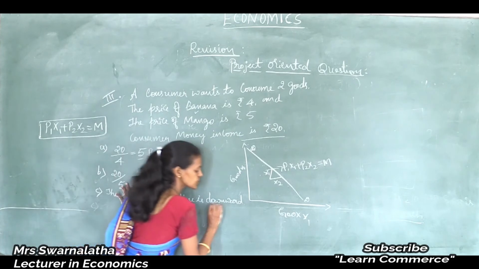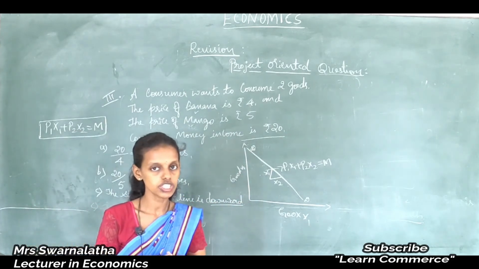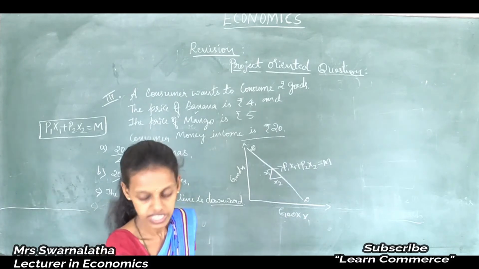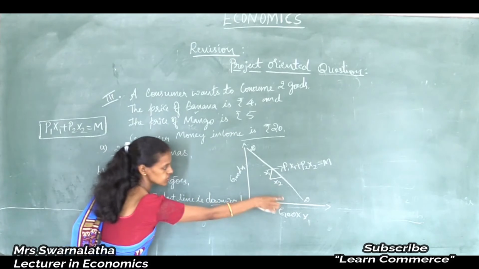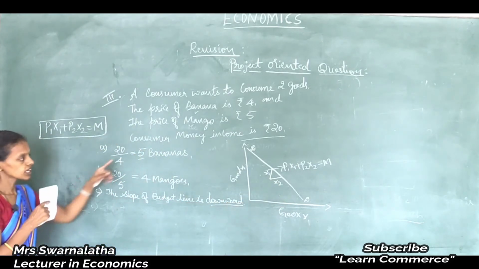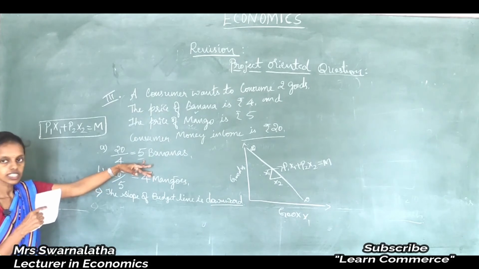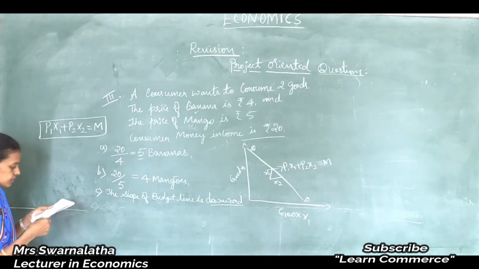Downward, either upward or downward. When they ask the question, you should write the slope of the budget line is downward, because always the budget line slopes downward from left to right. It is because of consumer income effect, substitution effect and law of diminishing marginal utility.